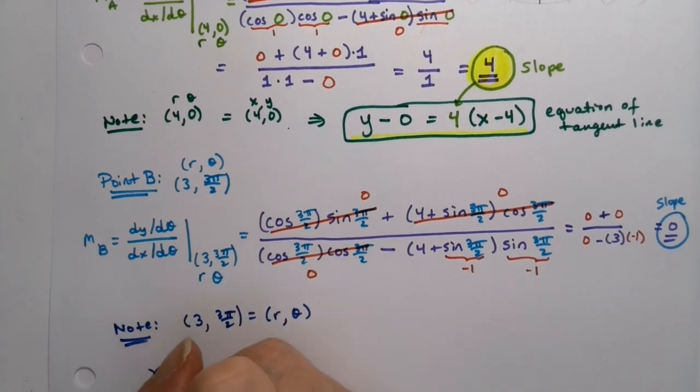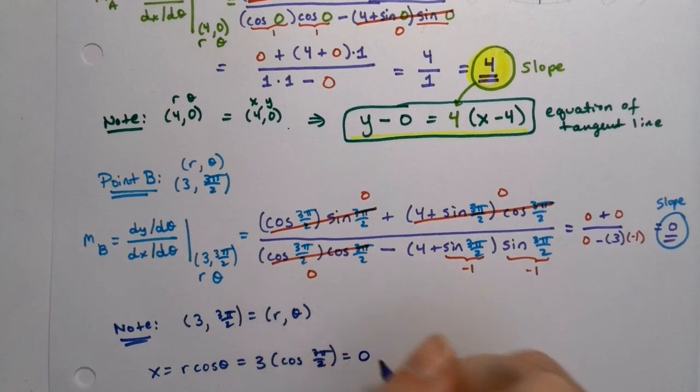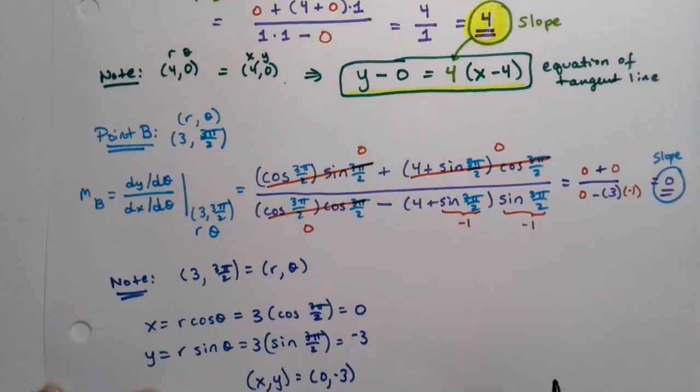So x is equal to r cosine theta, which would be 3 times the cosine of 3 pi over 2, but the cosine of 3 pi over 2 is 0. So that's 0. And y is equal to r sine of theta, which is 3 times the sine of 3 pi over 2, which is -3. So that means that xy is 0, -3.